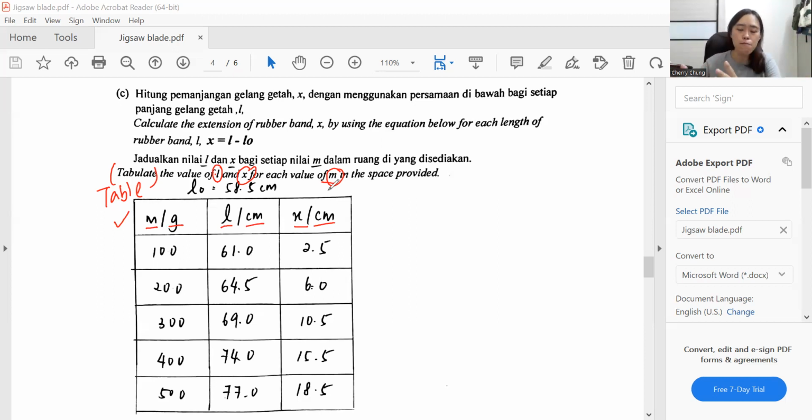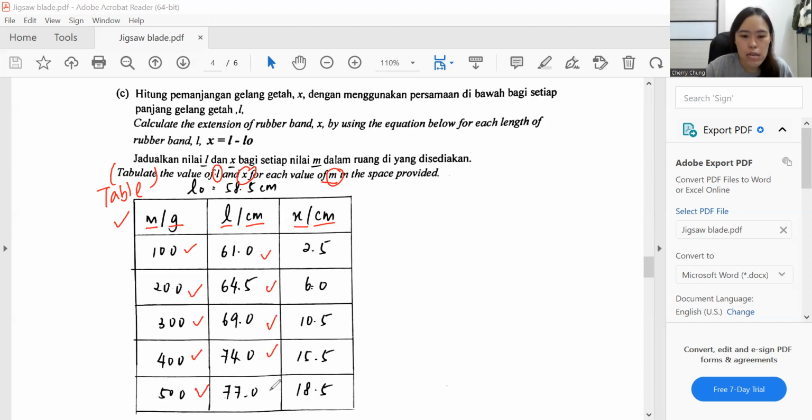Because after that, it will help you stay continuous, so that when you are drawing the graph, you will not mistake which one is your y-axis and which one is your x-axis. After that, you write down the values in the table.